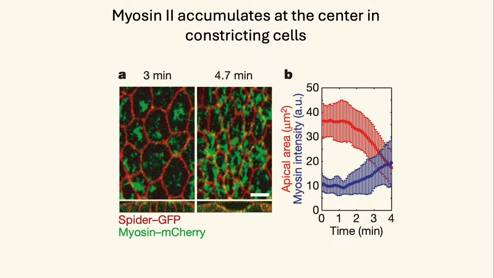So there is a correlation between the amount of myosin as these two activities take place. There is also a correlation between the increase in myosin and the decrease in area, right. So one sees a flood of myosin signal, which is essentially looked at with this tagged molecule. This spider is just looking at the membrane. This is a kinase which marks the membrane very nicely and uniformly and is used to essentially read the membrane activity.